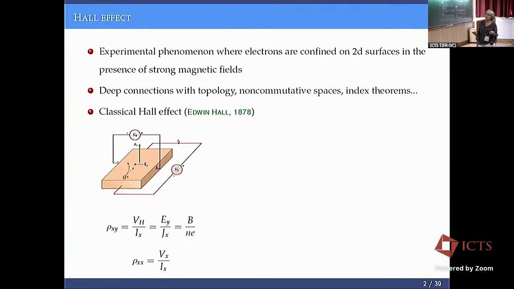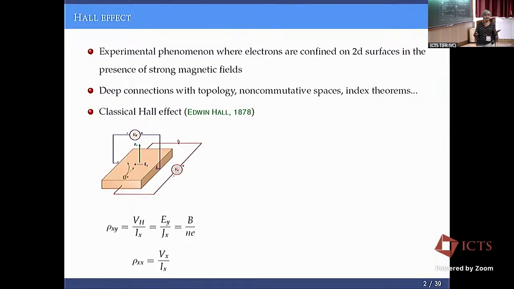But because there is a magnetic field, as the charge carriers move, they bend because of the Lorentz force that we learned in our introductory physics course. So as a result, there is a built-up electric field here and a built-up Hall voltage, the so-called Hall voltage.